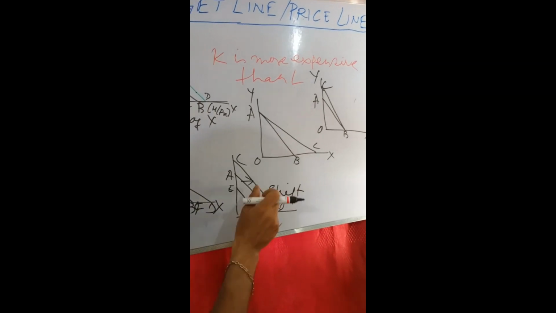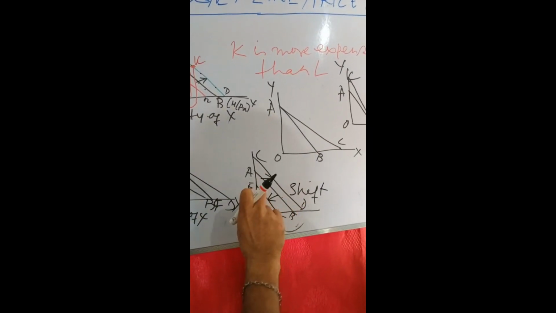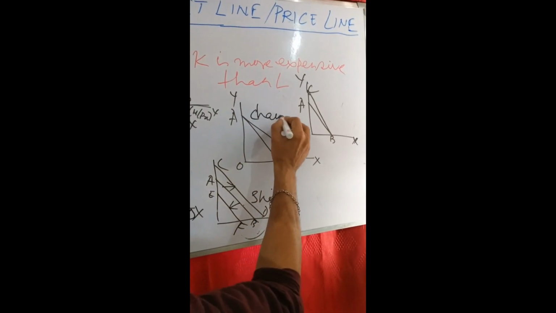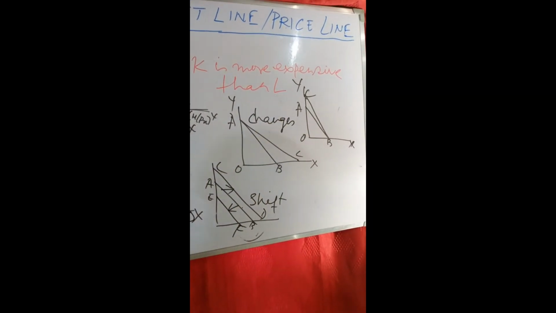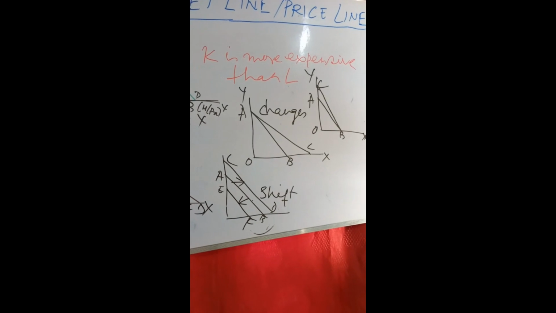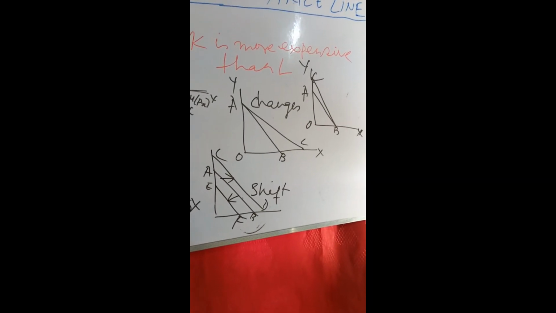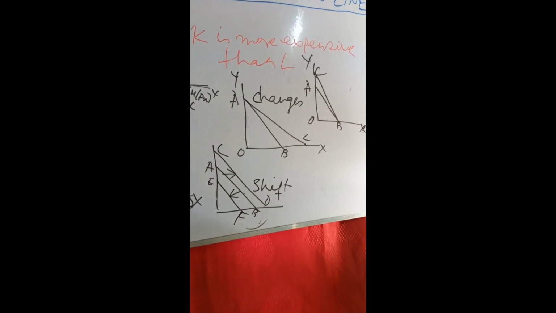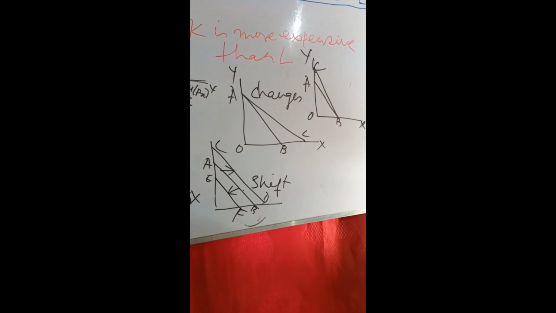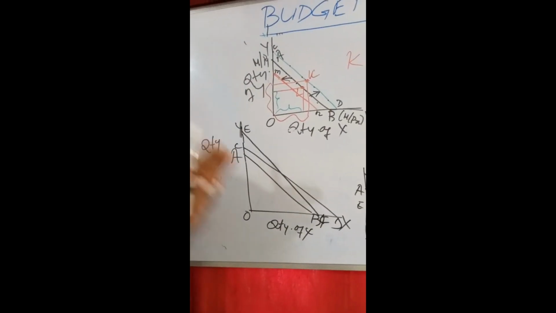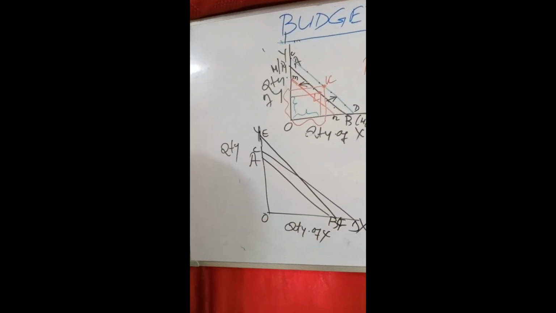Budget line is shifting parallelly, either rightward or leftward, and these are called changes in budget line. That means slope of the budget line itself is changing. So that's it. I hope you have understood so far. We have learned budget line, slope and shift of budget line.